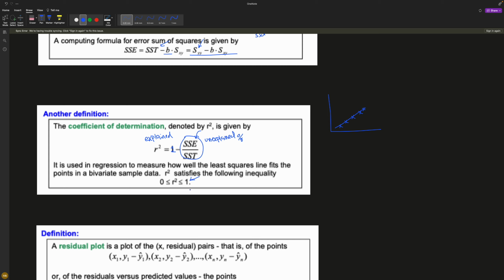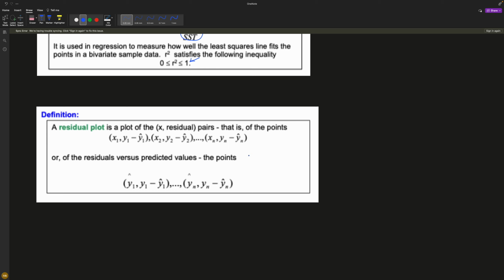If your R goes to 1, it means 100% of your data is explained. Remember, your R tells you how much is explained. So if it's 1, everything is on the line, you're doing great. The more towards 0 you go, the more your data is unrelated, like when your data is very spread out and your line is somewhere there. So that's basically what the coefficient of determination is.